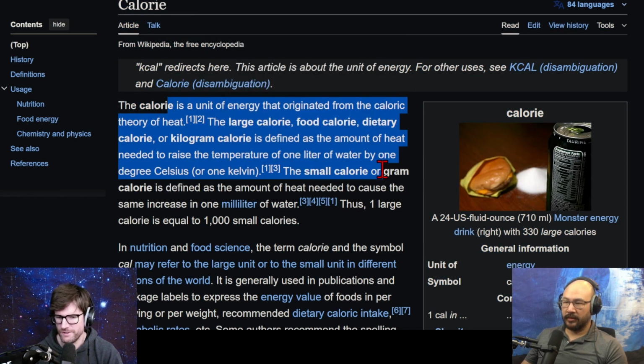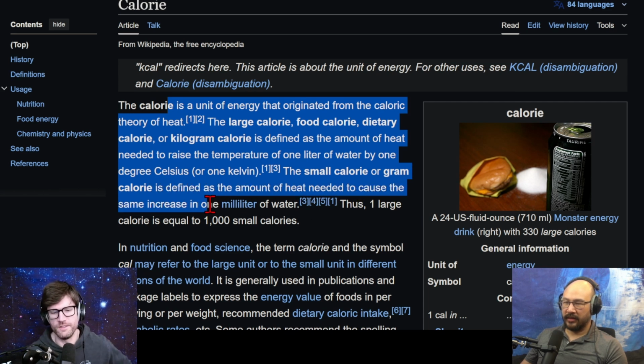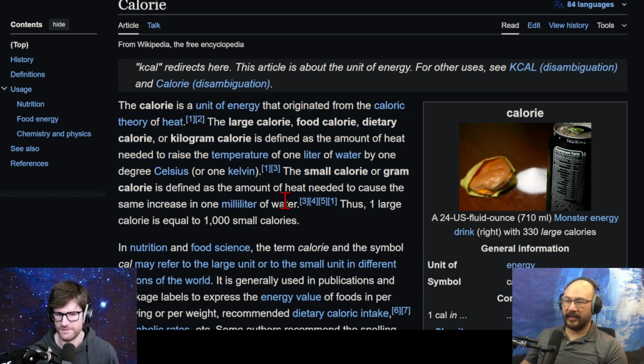The small calorie or gram calorie is defined as the amount of heat needed to cause the same increase in 1 milliliter of water. So annoying. But I guess that's the same because they go from 1 liter to 1 milliliter. And here it is: one large calorie is equal to 1,000 small calories.